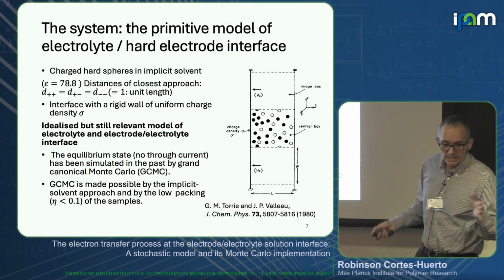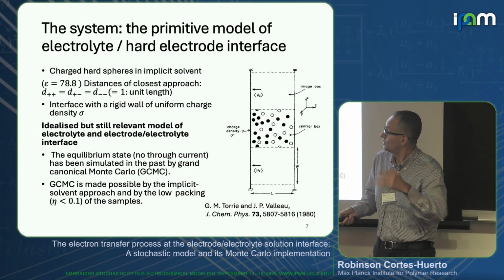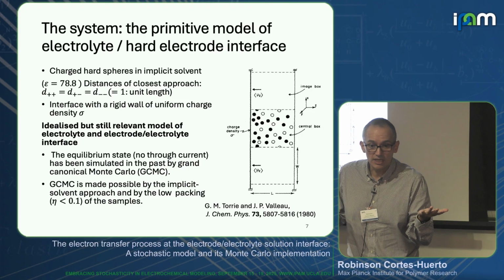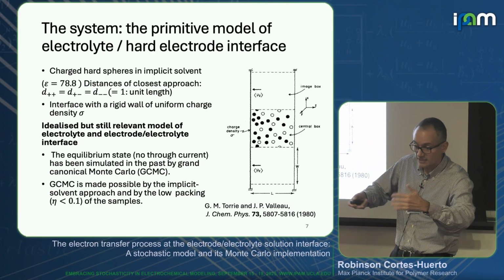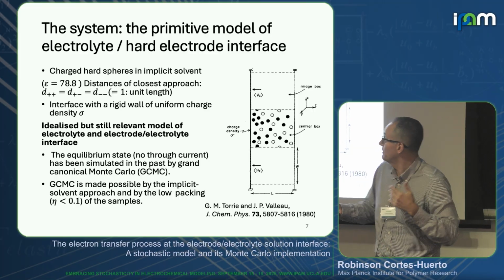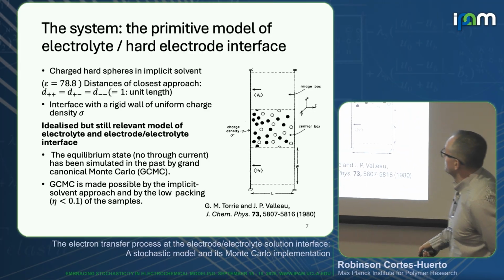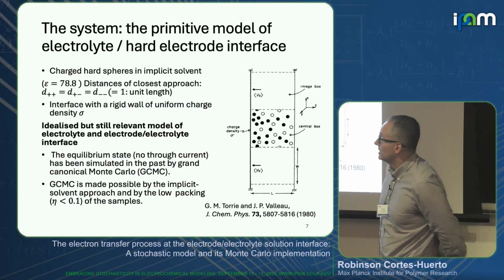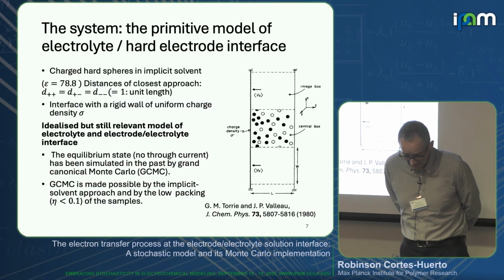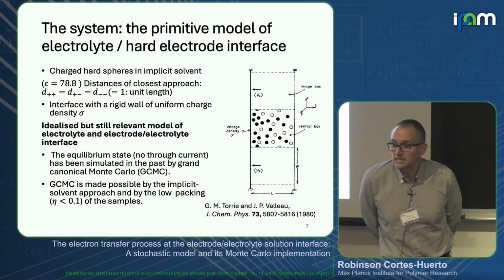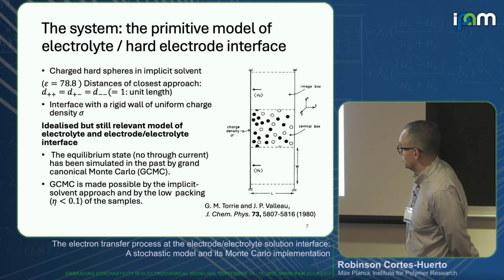This system is in contact with an electrode that is simply a charged surface without any structure at the moment. This can be changed, of course, when we refine the model. There is simply a uniform charge density associated to this electrode.